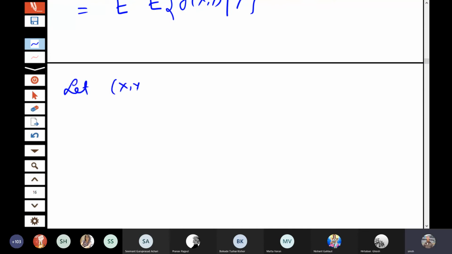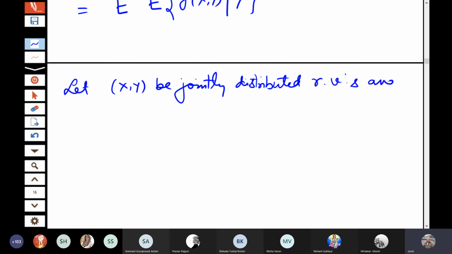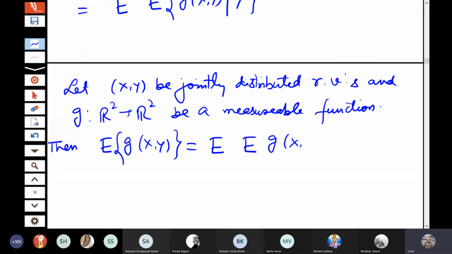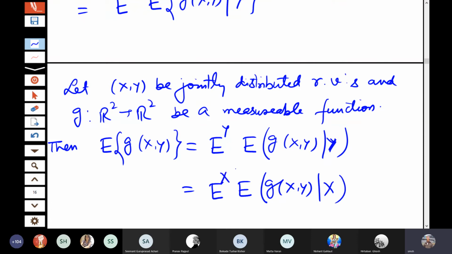Let x, y be jointly distributed random variables, and g be a function from R2 to R. Then the expectation of g(x, y) can be calculated iteratively as the expectation of the expectation of g(x, y) given y, and then with respect to y, or it can be calculated as the expectation of g(x, y) given x, and then with respect to x, provided the expectation exists.